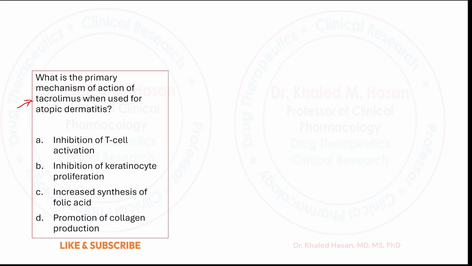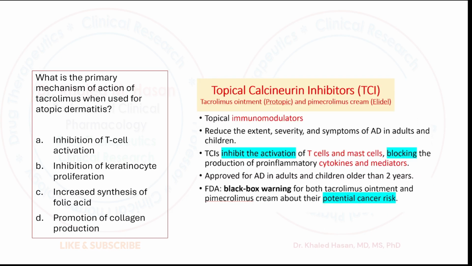Okay, tacrolimus belongs to the topical calcineurin inhibitors. We have another medication belonging to the same group called pimecrolimus, considered an immunomodulator. As you can see here, the calcineurin inhibitor tacrolimus inhibits activation of T cells and mast cells.